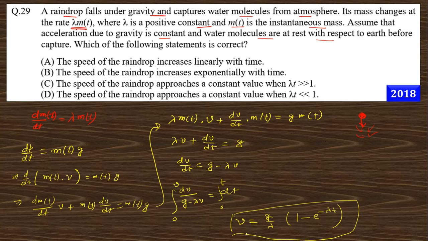From here you can see that when lambda t is very much greater than 1, this term is negligible, so v will be g by lambda, which is constant. So the speed of the raindrop approaches a constant value when lambda t is very much greater than 1. So C is the correct answer of this question. Go to the next question.